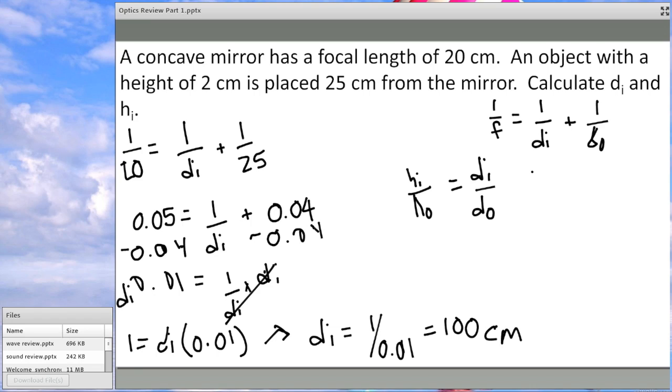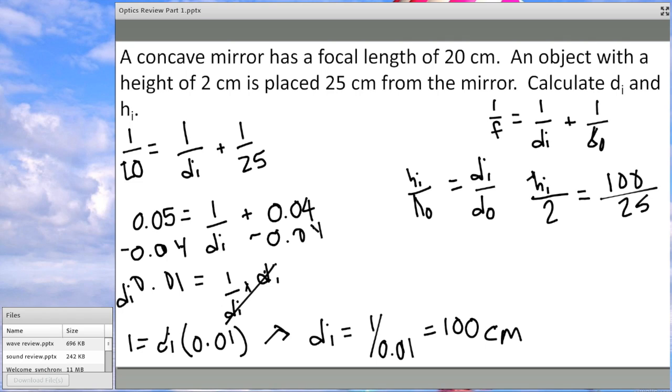So I'm going to have HI over our HO, which was 2. Our DI was 100. Excuse me, I'm so sorry. Over 25. So now we can do that cross multiply.